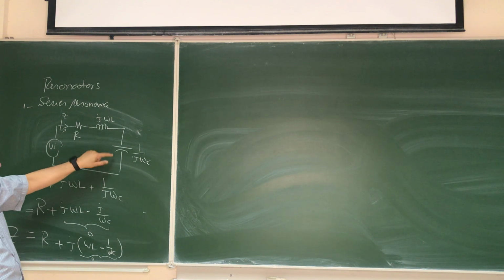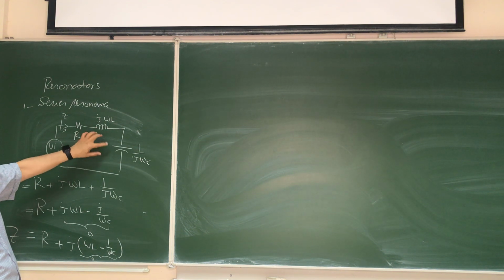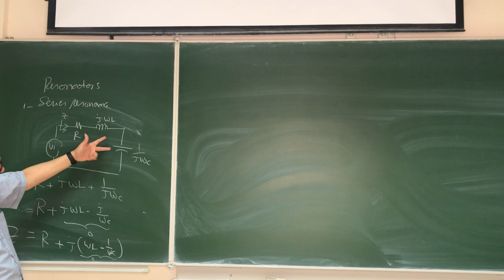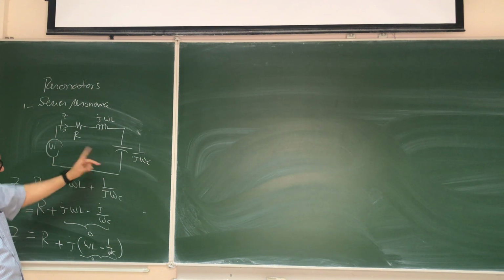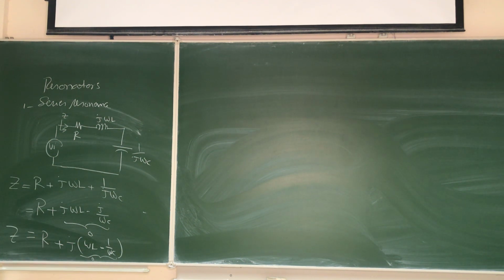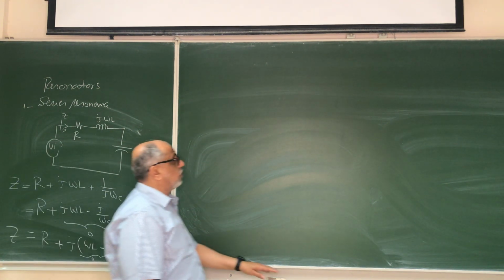If we are shorting these two, because this equals this but they are opposite in sign at one frequency, then we call that frequency the resonance. So we set this part equal to 0, and that will give me the resonance frequency.